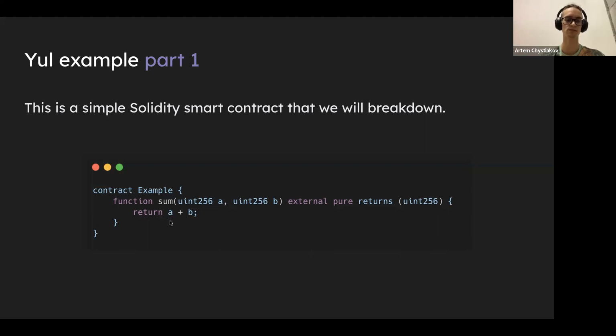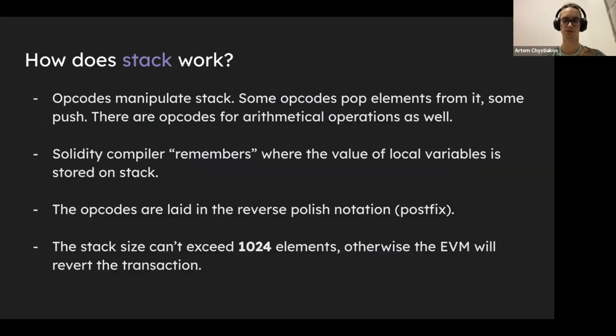But for the compiler, it will place those variables so that it will be read as 3, 5, plus, because 3 and 5 will be placed on the stack, and plus is the operator that will be applied to the stack. And after that, the result of the addition will also be placed on the stack. So this notation is called postfix notation.